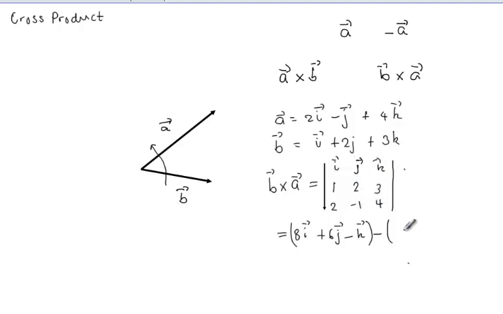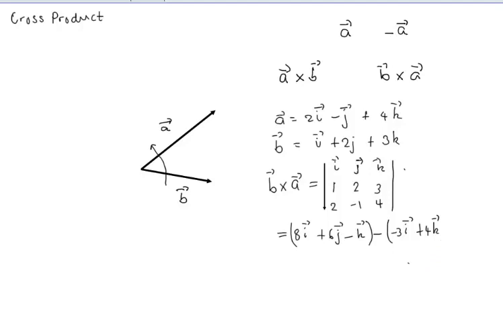Then we start with minus 3i. Anyone who doesn't know why I'm doing it like that is too young to be here. Plus 4k. Is that right? Oh, sorry, 4j. That's my mistake.